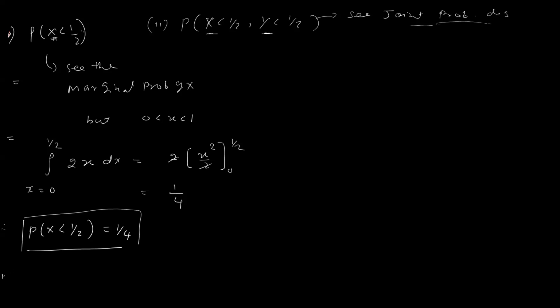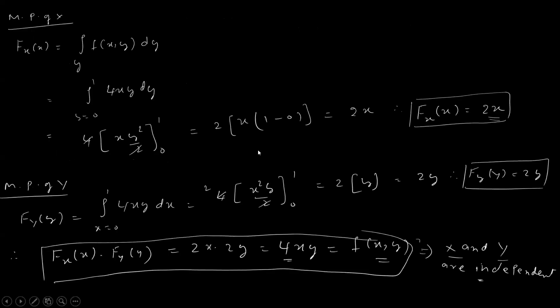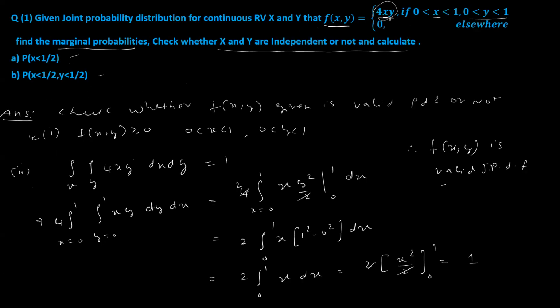If they ask you y less than half, in that case also you have to see the marginal probability of y only, because in this x is missing. So even the range of y starts from 0 and goes up to half; the range will be retained. You cannot deviate from this range of x and y.